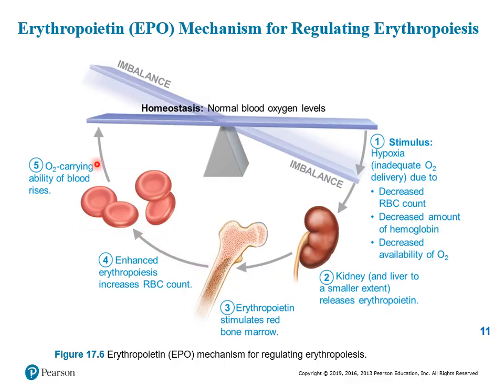Now with more red blood cells, you're going to increase your overall carrying capacity of oxygen, and you're going to bring the system back to homeostasis. Right, so this is a type of negative feedback. Everybody cool with that? I'm going to ask you something about this on the test.